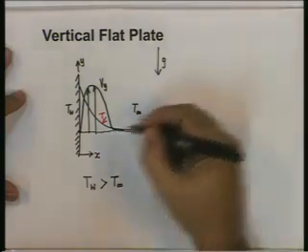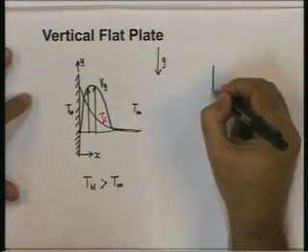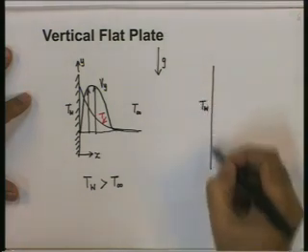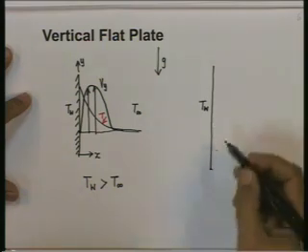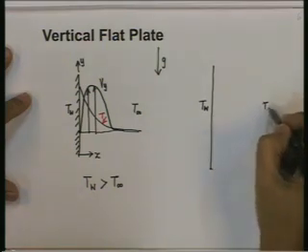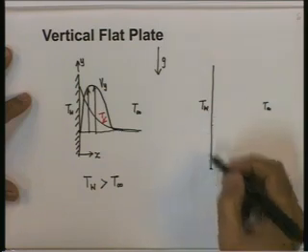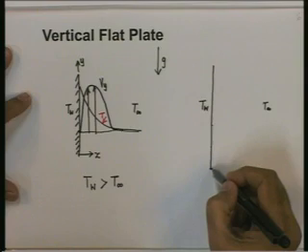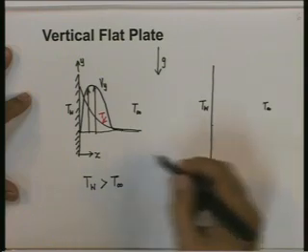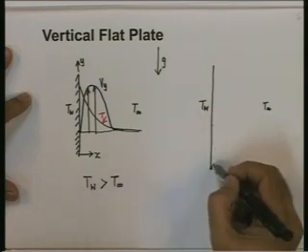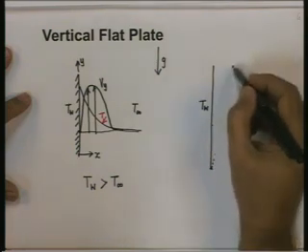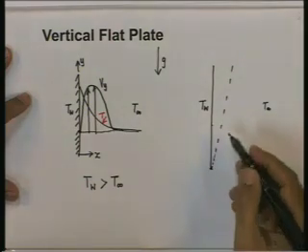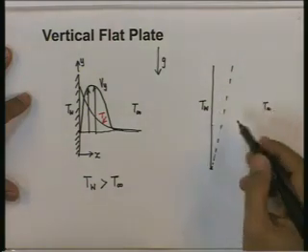Now, if you look at this situation at different values of y, let us say this is y equal to 0, and we are looking at various situations. Near the wall, bottom edge, there will be a very thin effect of this boundary layer, but that boundary layer will start growing and we will end up with a zone near the wall like this, which we would call the natural convection boundary layer.